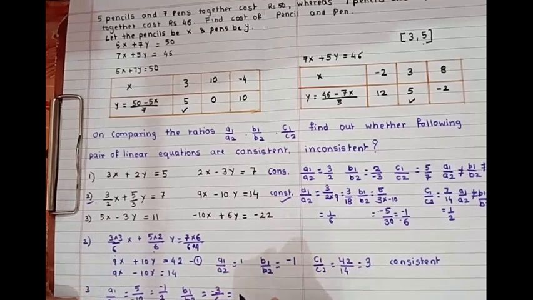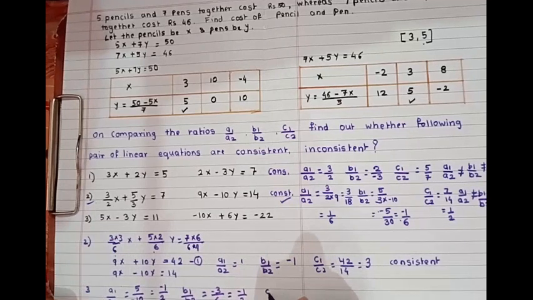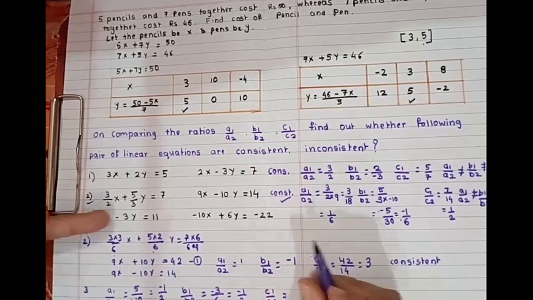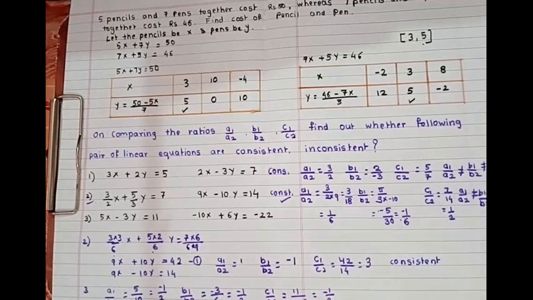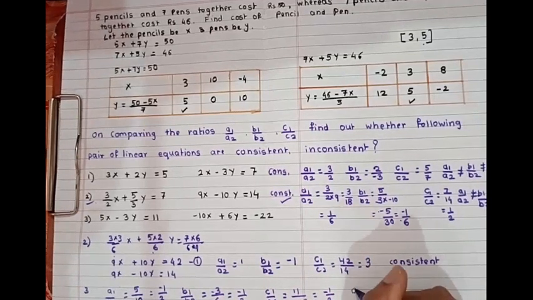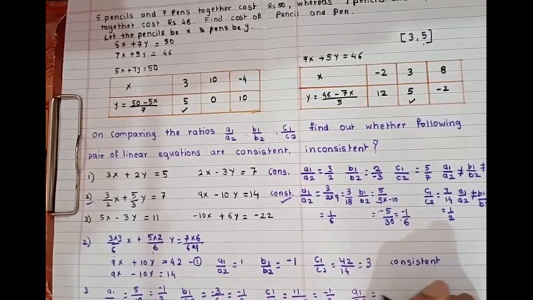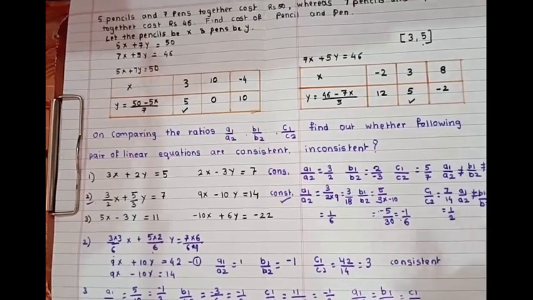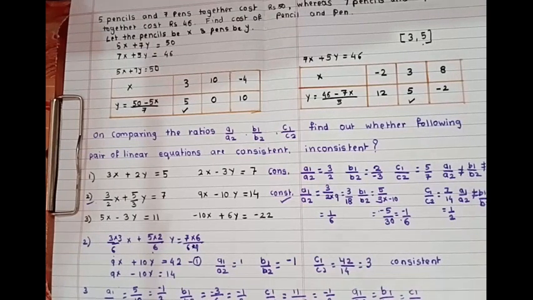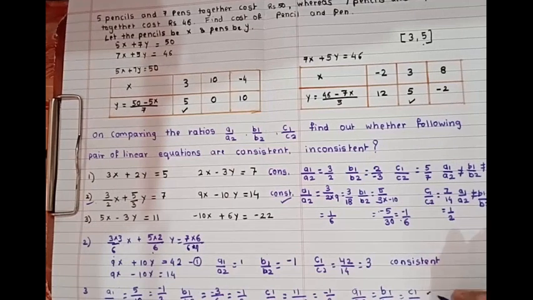So you get here minus 1 upon 2, c1 upon c2 you get 11 upon minus 22, again you get minus 1 upon 2. So what do you get here? All the three are equal. a1 upon a2 is equal to b1 upon b2, c1 upon c2. So these are again consistent and coincident.